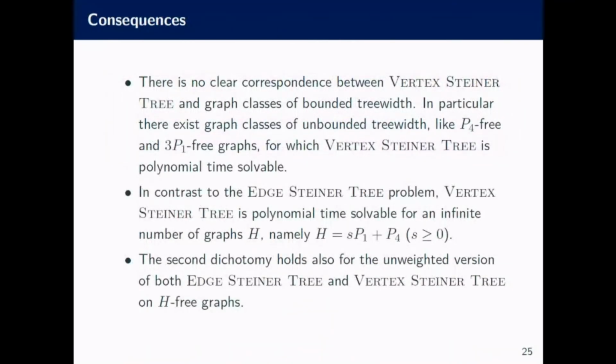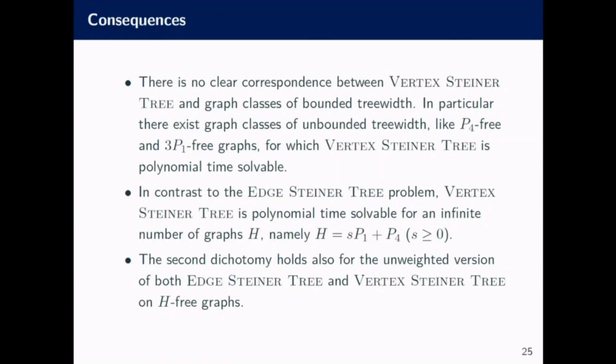So, consequences of this result. There's no clear correspondence between vertex Steiner tree and graph classes of bounded treewidth, as opposed to the edge weighting version. In particular, there exist graph classes of unbounded treewidth, like P4 and 3P1 graphs, for which vertex Steiner tree is polynomial-time solvable.